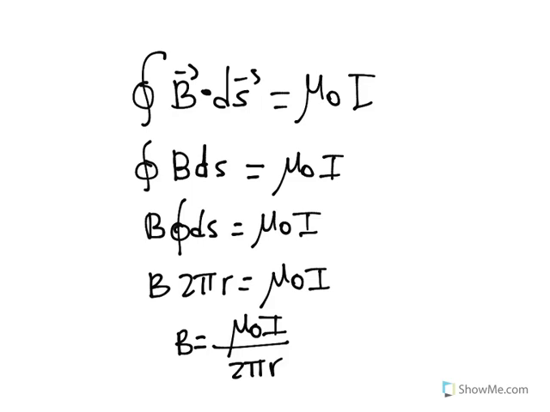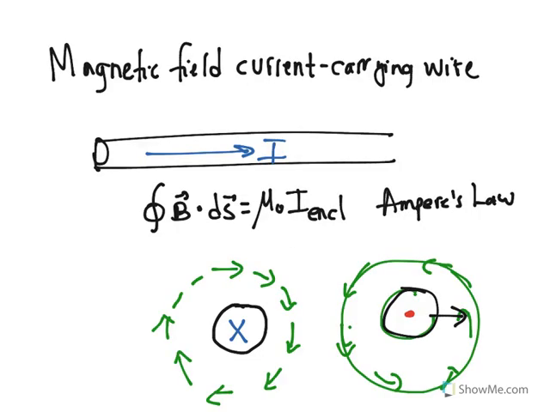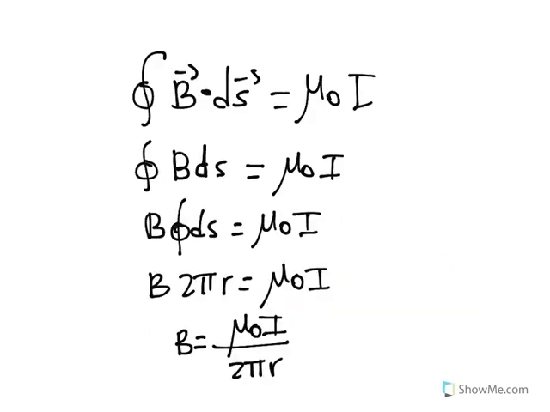So that will tell us that B, which is the magnetic field, is going to be equal to mu 0, permeability of free space, times I, which is the enclosed current, over 2 pi times the radius, being the distance from the wire to the point of evaluation. This is r. So this is the magnetic field due to a current carrying wire.